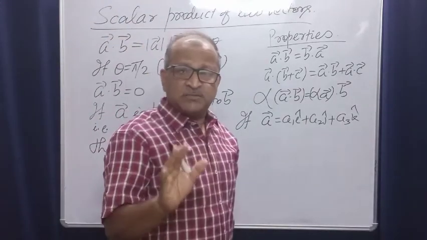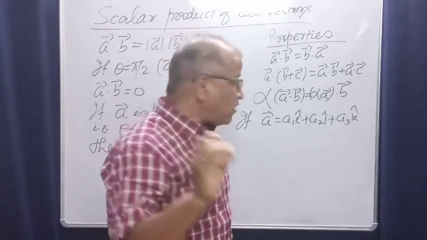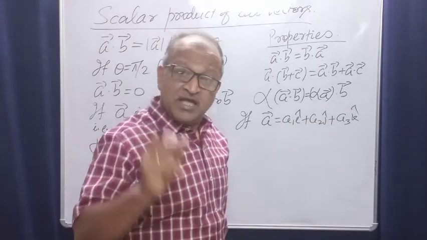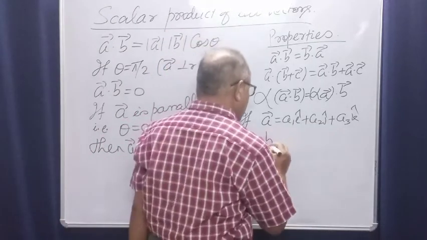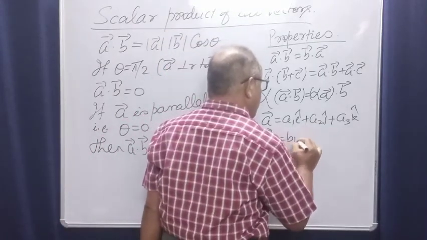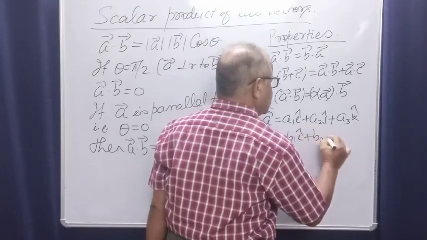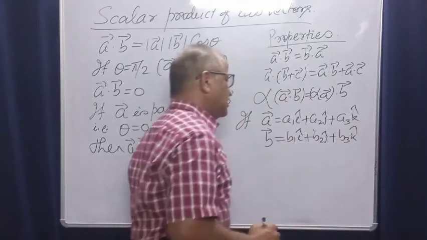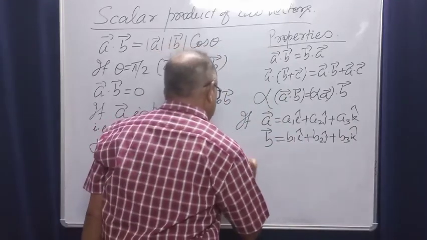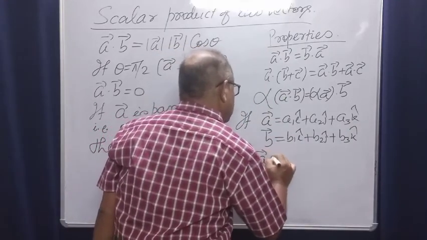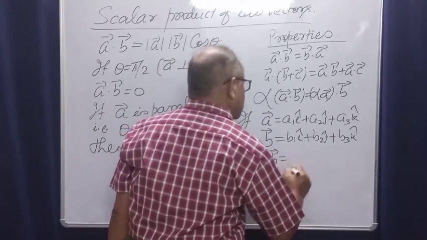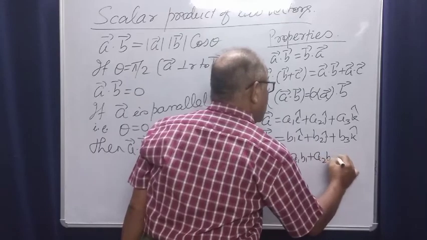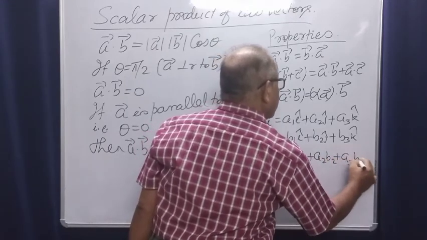Similarly, the other vector B is equal to B1 i cap plus B2 j cap plus B3 k cap. So here A dot B is equal to A1 B1 plus A2 B2 plus A3 B3.